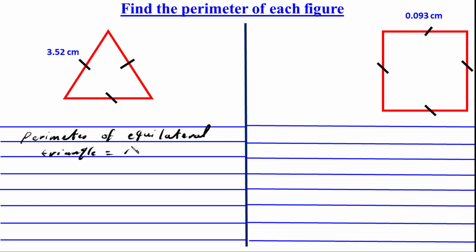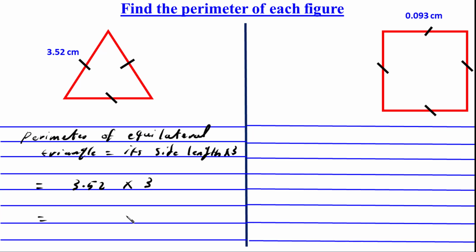Equals its side length times what? Yes, times 3. Its side length equals what, guys? Yes, 3.52. 3.52 times what? Times 3. How can we find it? Ignore the decimal point. It will be 352 times 3.